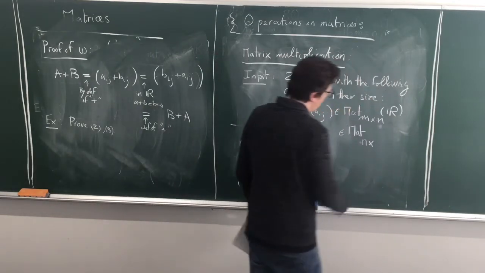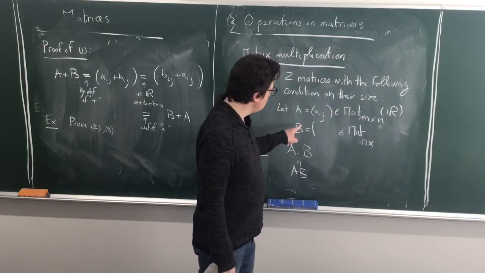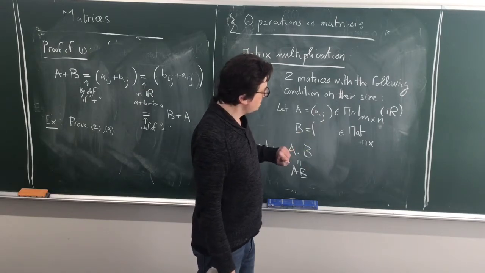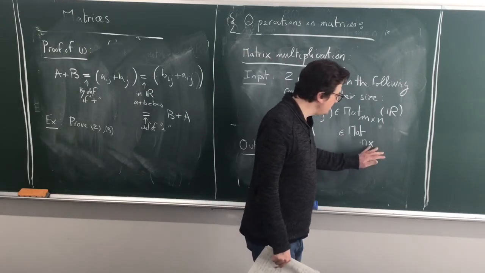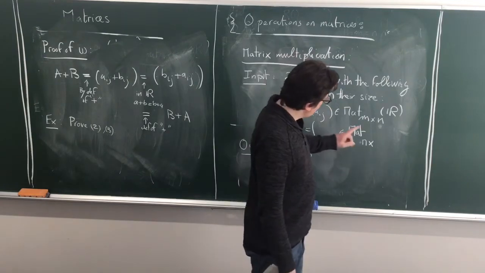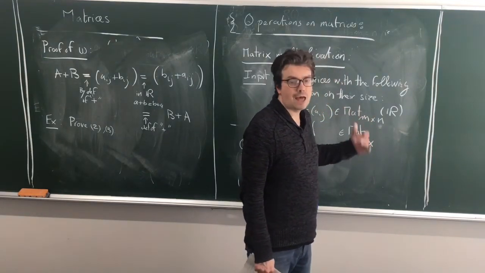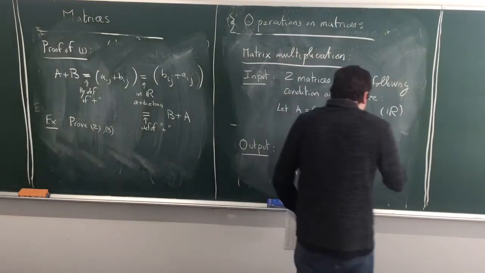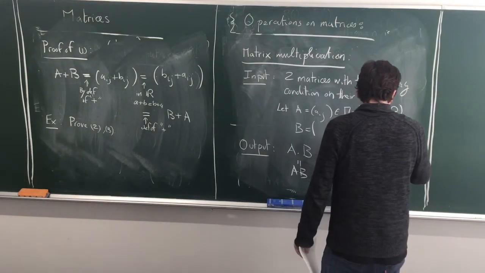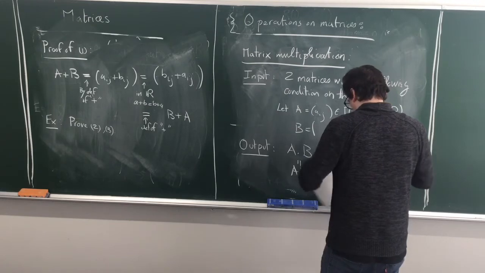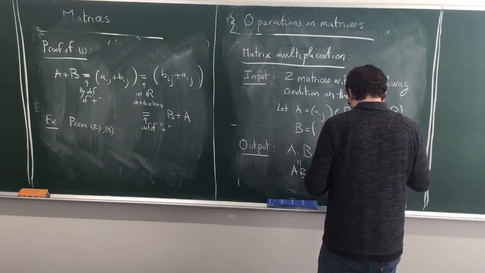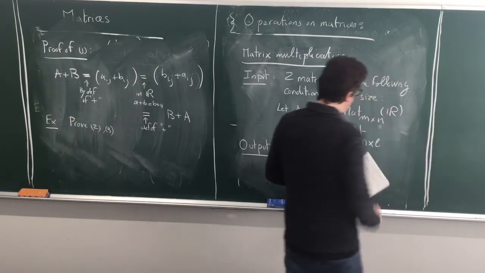Now, for the number of columns of B, there is no condition, which means that it can be anything. It can be M, it can be N, but it can also be different from M and N. So we will use another letter. I will use the letter L.